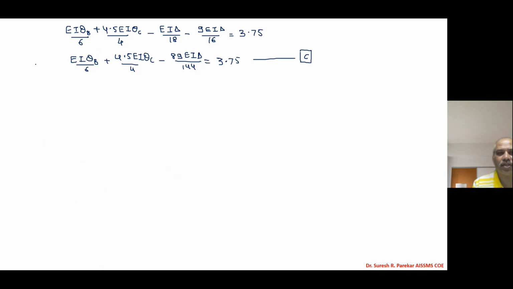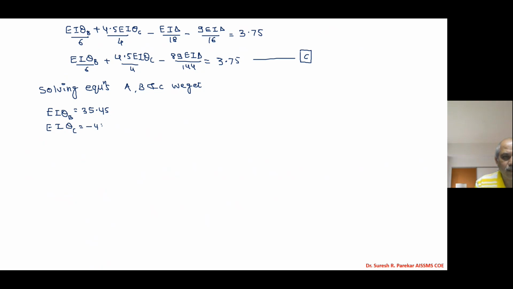So if we solve these three equations, solving A, B and C, we get EI theta B equal to 35.47, EI theta C equal to minus 41.58 and EI delta equal to 72.18.